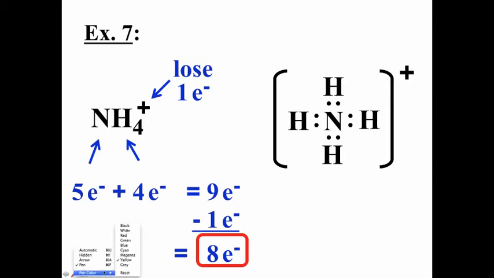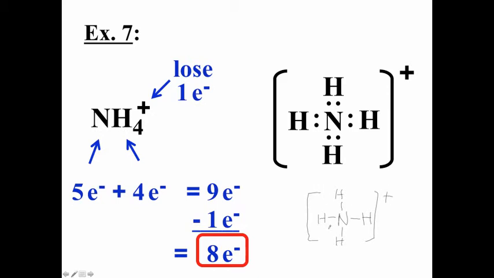And then let's also write it as the other form where we do a bond between nitrogen and each of the hydrogens. And then we can indicate positive charge as before.